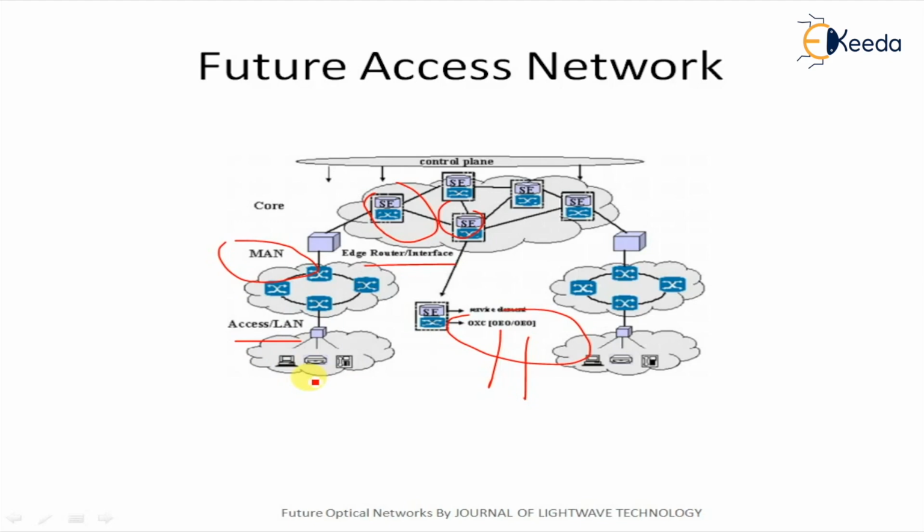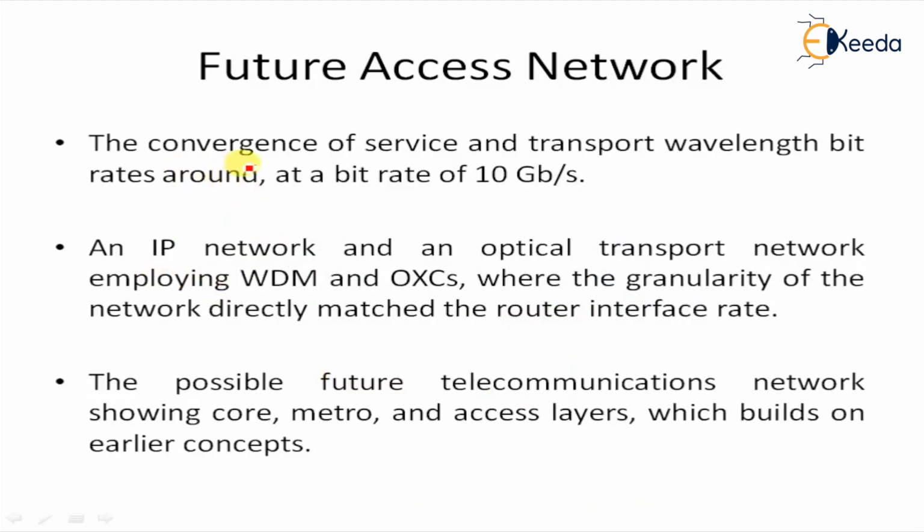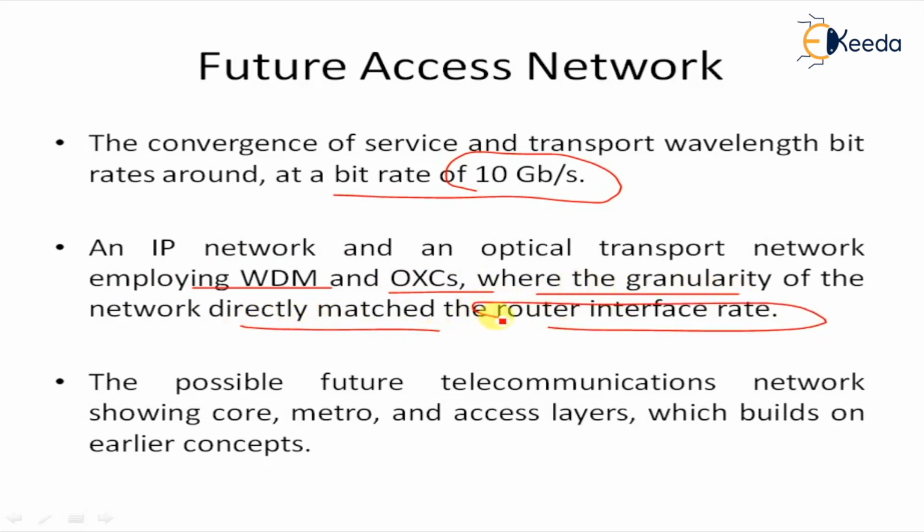And in the next slide, the convergence of service and transport wavelength bit rate is around 10 Gbps. That kind of service is provided with the possibility of direct interfacing between the access networks. So the IP network and optical transport network employ WDM, wavelength division multiplexing, and OXC, optical cross connect, where the granularity of the network directly matches the router interface rate.